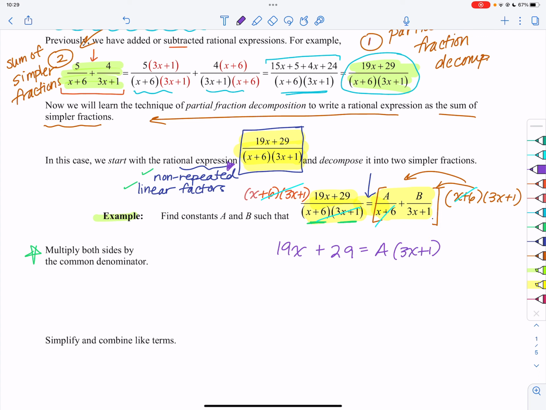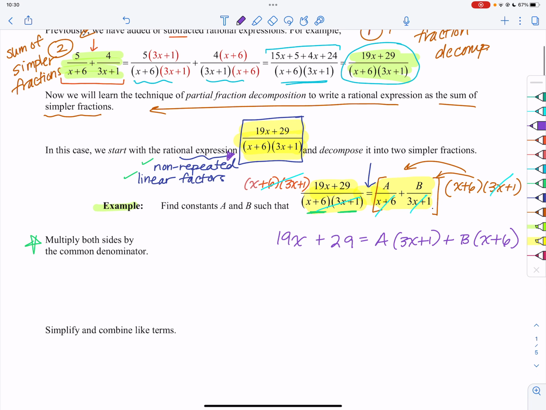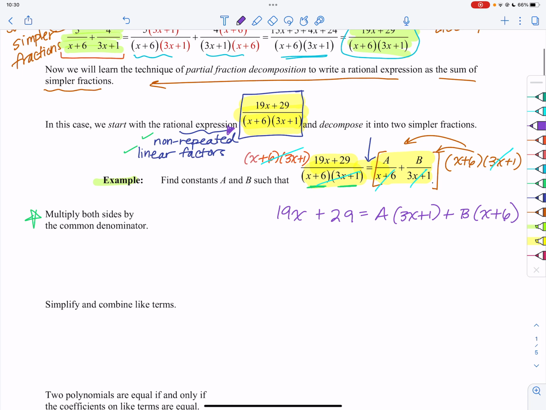Now, when we distribute to B, and let me see if I can erase that little x plus 6. Now, the 3x plus 1 will cancel with this next distribution, and we'll have B times x plus 6.